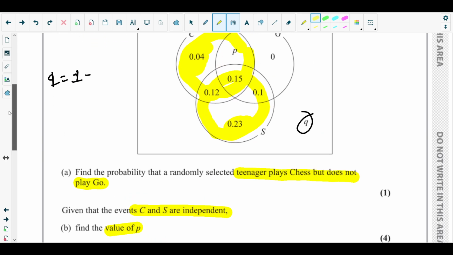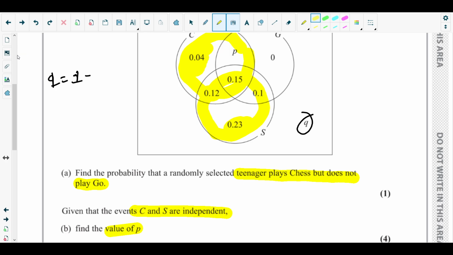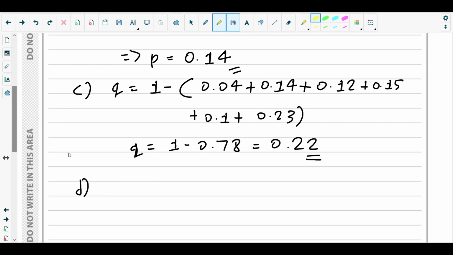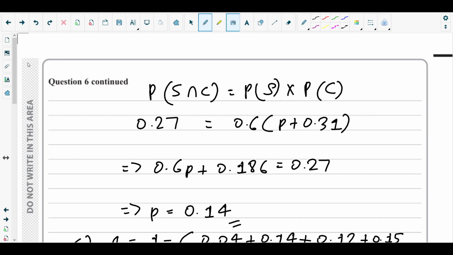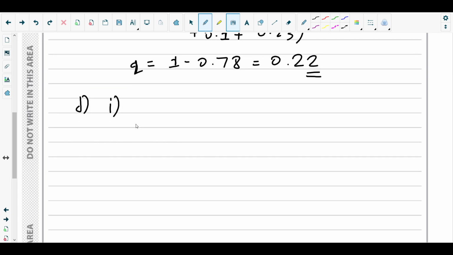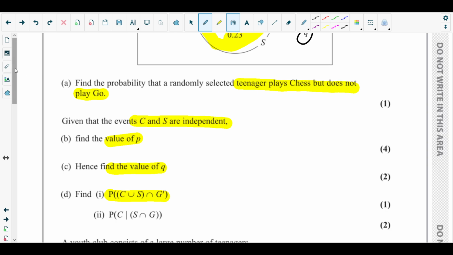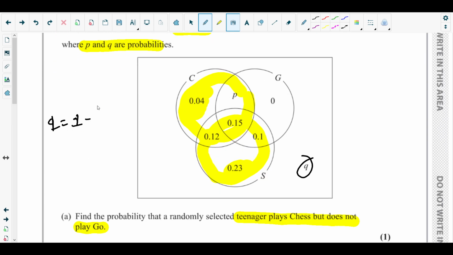So this value would be 0.04 plus 0.12 plus 0.23.